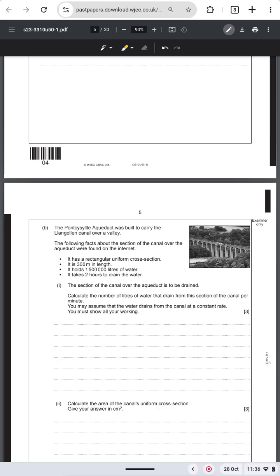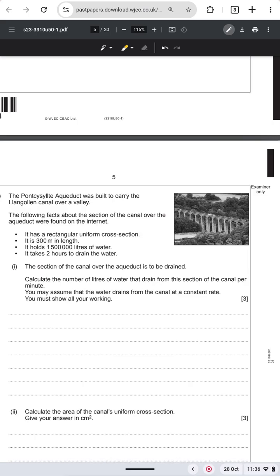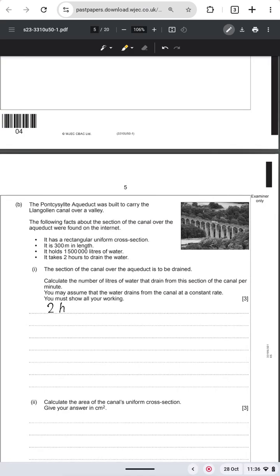Okay, so we need to calculate litres per minute. For this we have 2 hours is equal to 120 minutes. So what we're going to do is divide 1,500,000 by 120. First of all, I'm going to cancel this 0 and this 0. So we've got how many 12s are in 15?